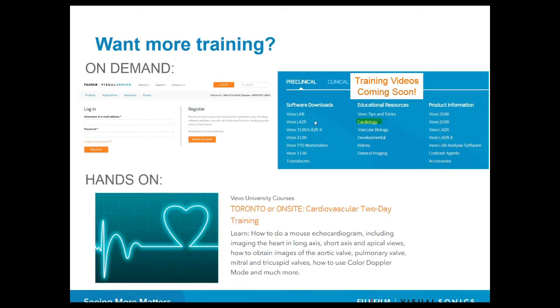We don't charge for software updates. In addition, there are also training courses that you can sign up for on our website: cardiovascular training, imaging training courses, and image acquisition, learning how to capture the really quality images that you need to carry on and do your strain analysis with.